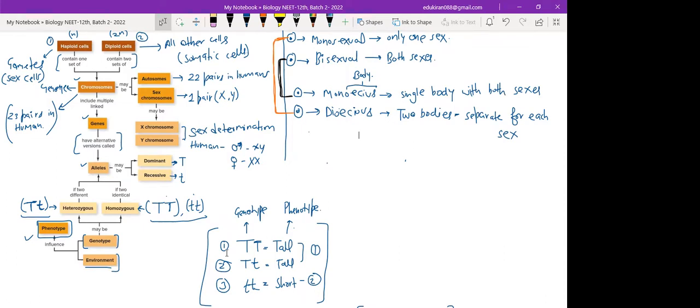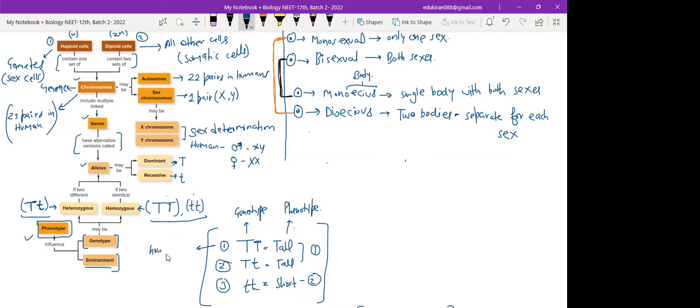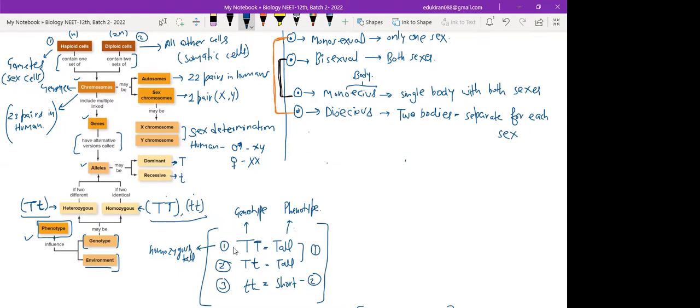I forgot to tell you, this combination here, capital T capital T, is called homozygous tall. It's also called pure tall.